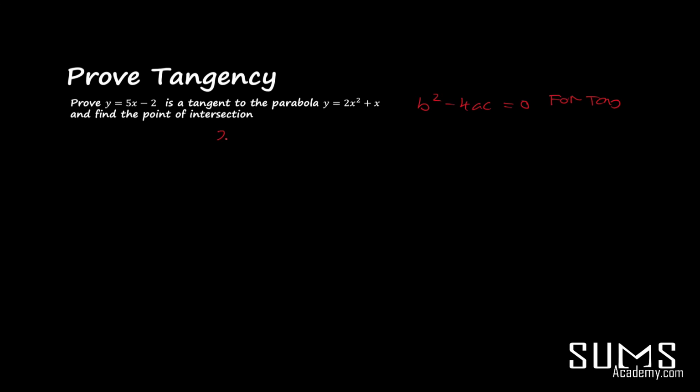So we've got 2x squared plus x equals 5x minus 2. So 2x squared minus 4x plus 2 equals 0. Divide everything by 2: x squared minus 2x plus 1 equals 0. Now we can use our discriminant information.